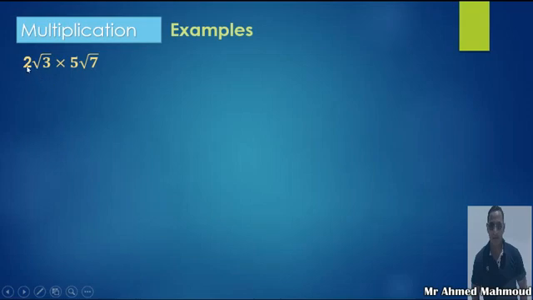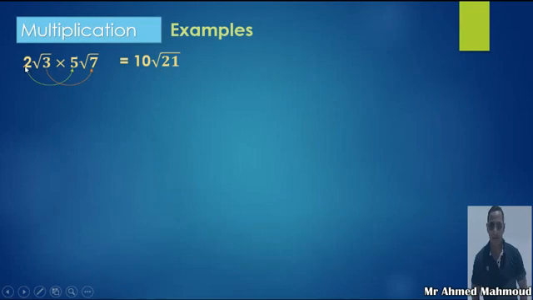I'm going to multiply the numbers outside the root together, and I'm going to multiply the numbers inside the root together like this. We are going to multiply 2 times 5 which is equal to 10, and I'm going to multiply 3 times 7 which is equal to 21, and it stays inside the root.